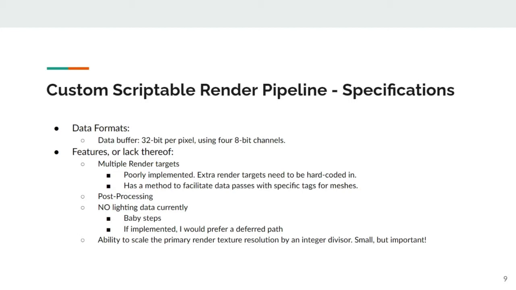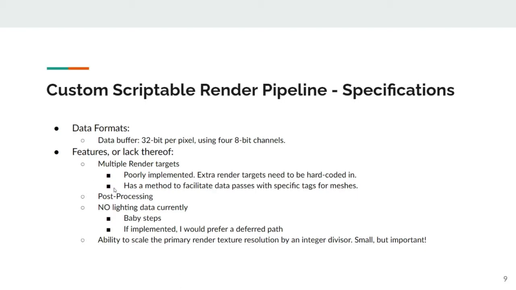So let's say you want to do some sort of smart motion blur. You can have the motion blur apply to the character and the enemies, that whole render target, but not to the background. And then when you combine them, the background will still look crisp and clear, but the player or the enemies or whatever's on the other render target will look all different and in motion. So it's a way to do more sophisticated stuff at the cost of a little bit more data and more effort.